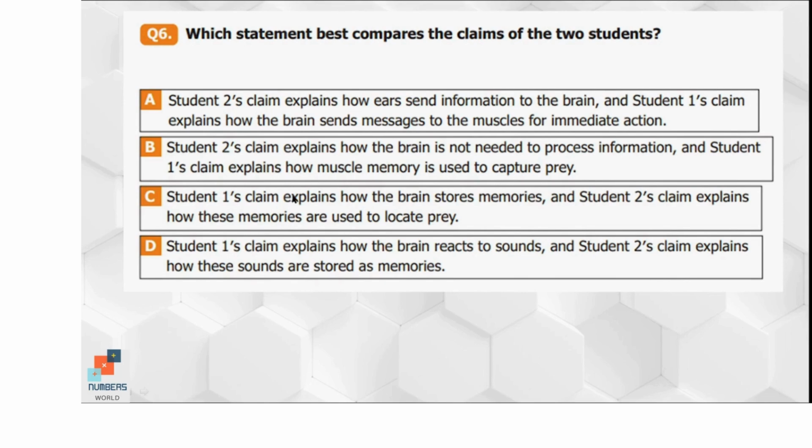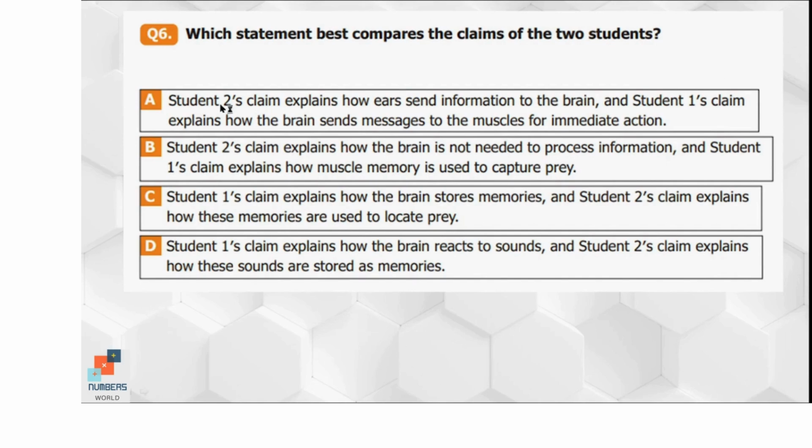C, student 1's claim explains how the brain stores memories, and student 2's claim explains how these memories are used to locate prey. D, student 1's claim explains how the brain reacts to sounds, and student 2's claim explains how these sounds are stored as memory.